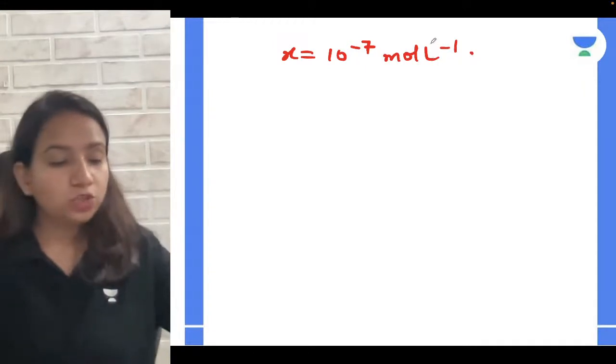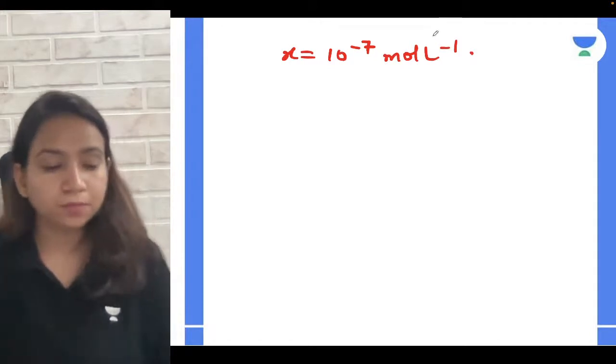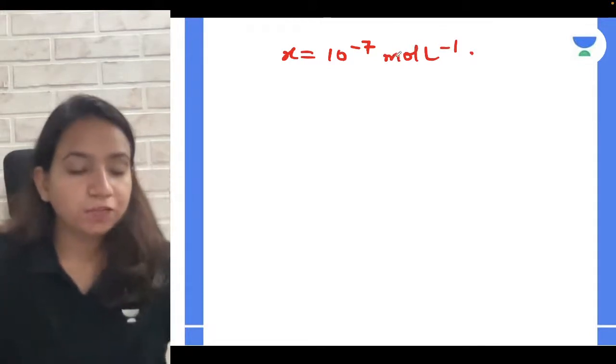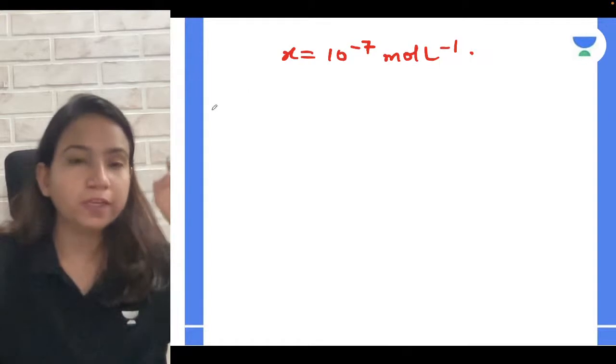Okay, this shows what? That at 25 degrees Celsius, 1 liter contains only 10 to the power minus 7 moles of water in ionic form.